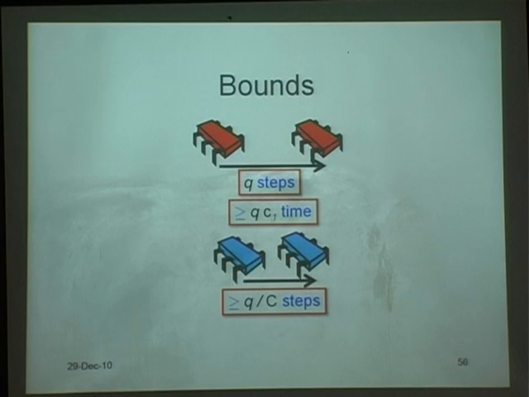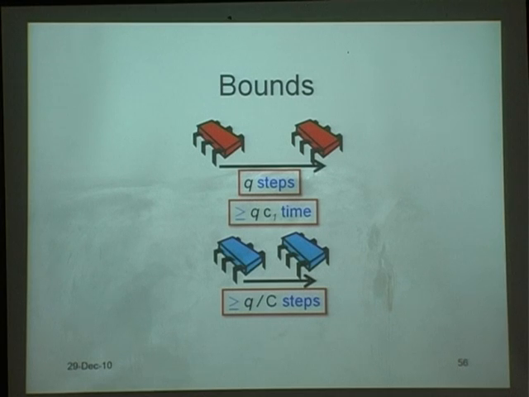So there's a range: if I take a certain number of steps, it could be that the other one might have taken q steps; if I take another number of steps, then I know for sure that it has. In some sense, this says how much you know about what the other processes are doing based on how many steps you've taken.